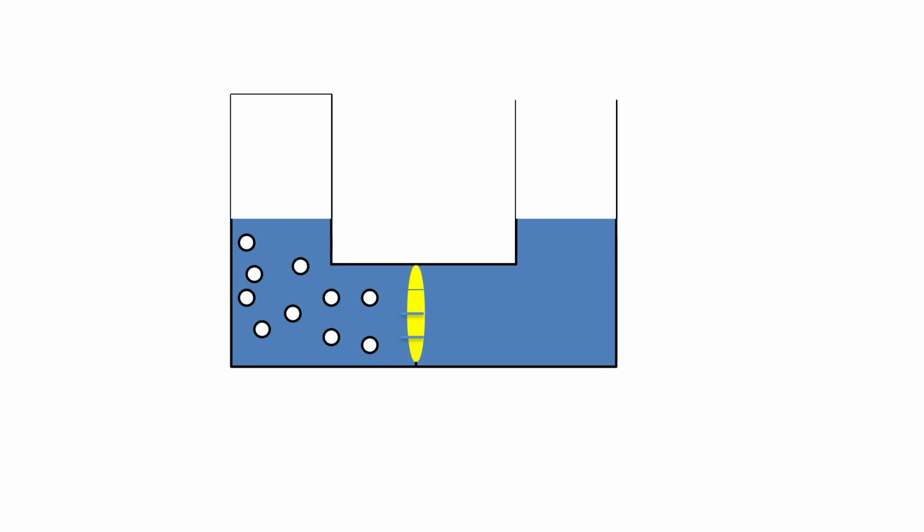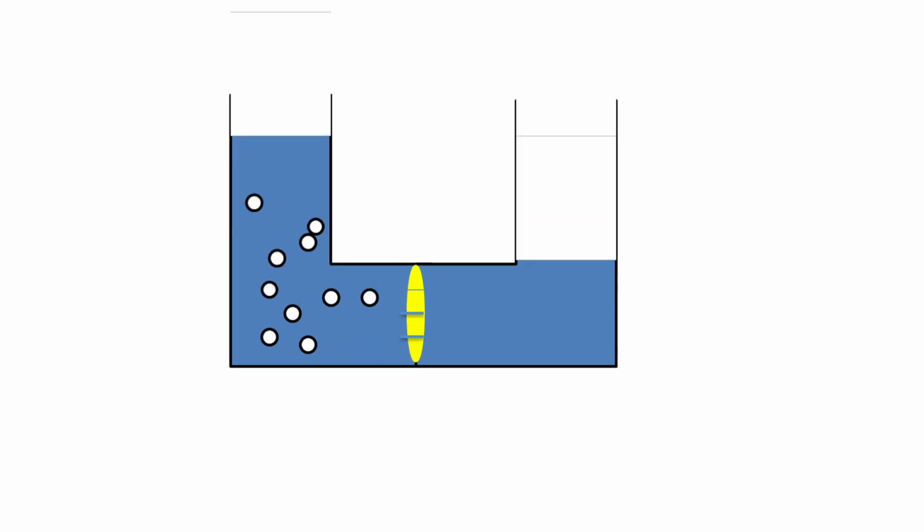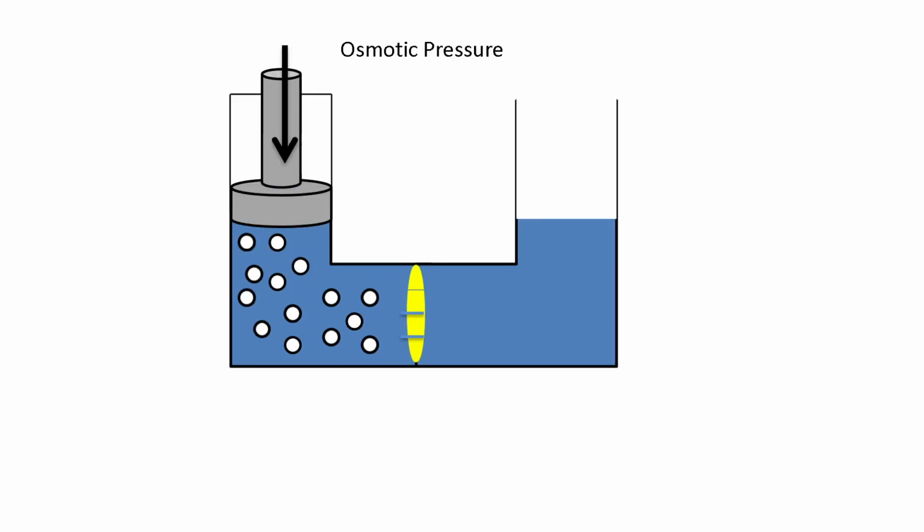So, water from the right side will enter the left side. Now, if we place a piston on the left side and apply force to it, the water flows back to the right side again. Thus, we can say that the piston has counteracted the force of water that was trying to enter from the right side.